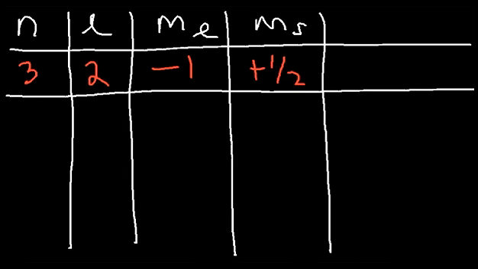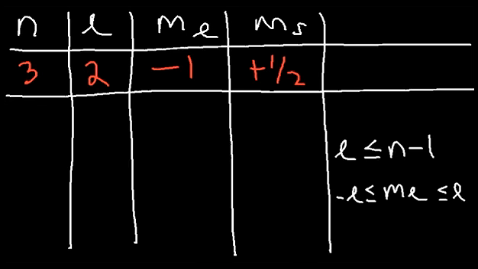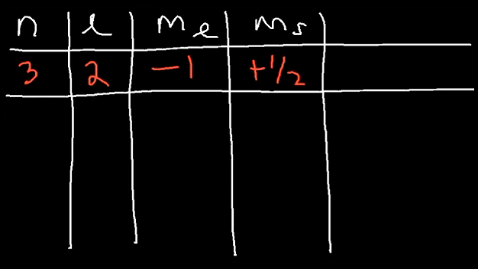Are these 4 quantum numbers allowed or unallowed? Is there any error with these numbers? Now there are some things you've got to remember. l is always less than or equal to n minus 1. So if l is equal to or greater than 3, it's not going to work. So l is less than n, which is okay. ml has to be between -l and l. So if l is 2, ml has to be between -2 and 2, which in this example is okay. And ms can only be a fraction. So there's nothing wrong with these 4 quantum numbers.